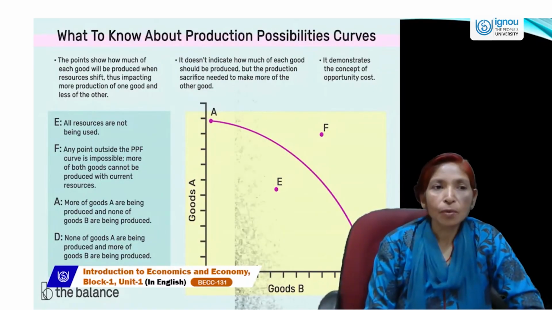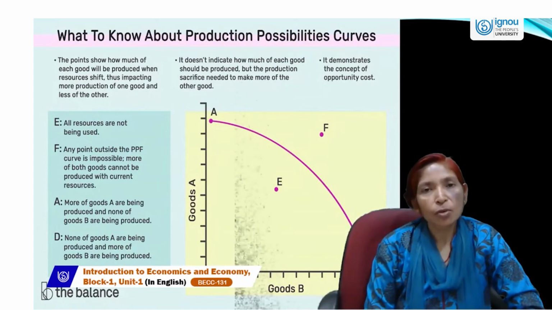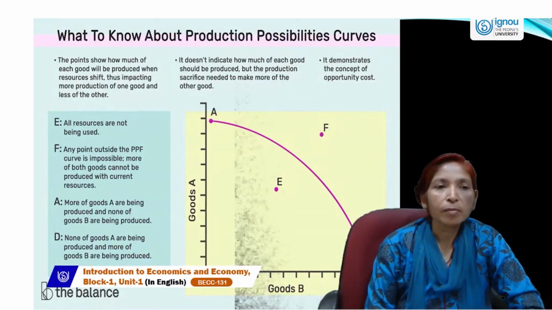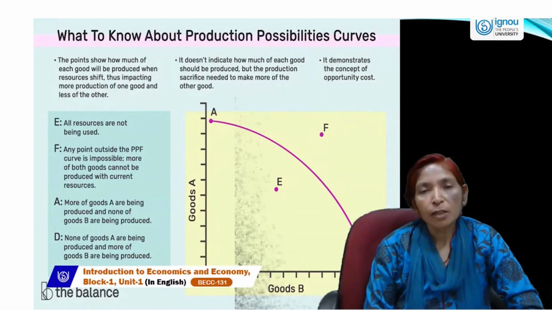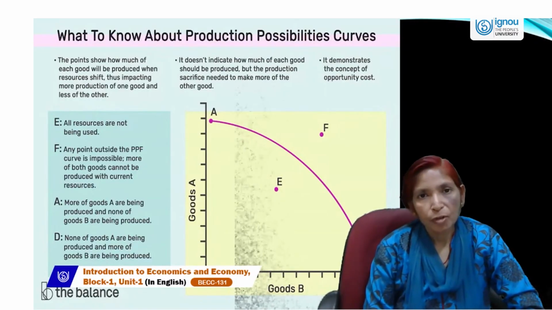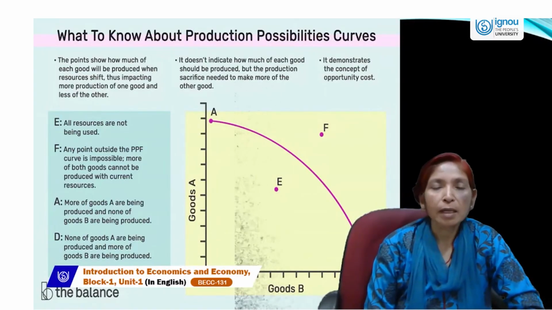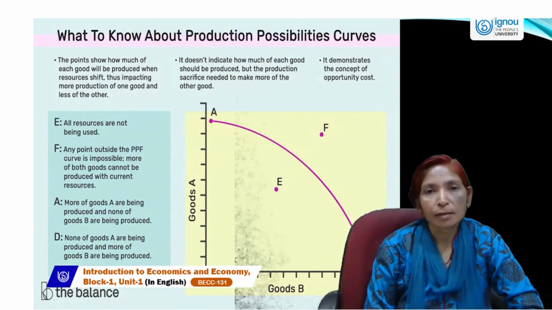The points show how much of each good will be produced when resources shift from one commodity to another, or one combination to another combination, thus producing more of one good and less of the other.